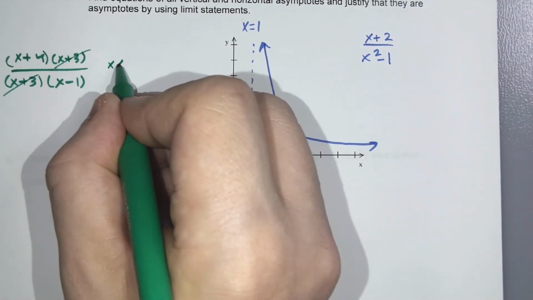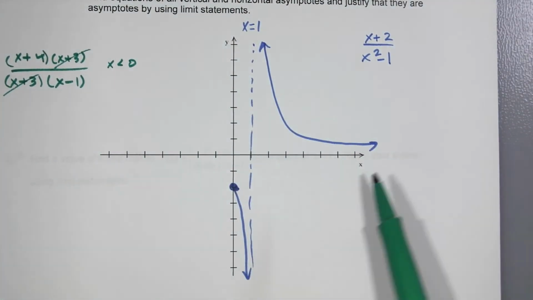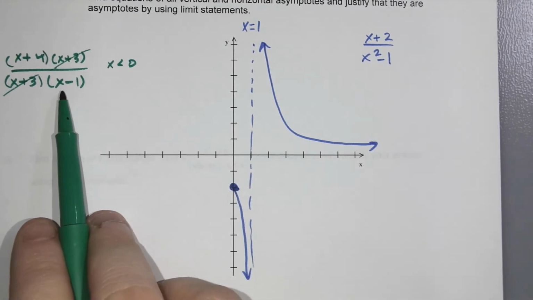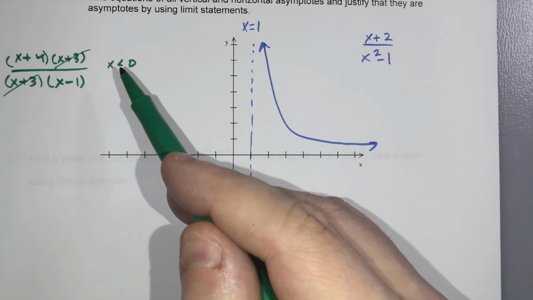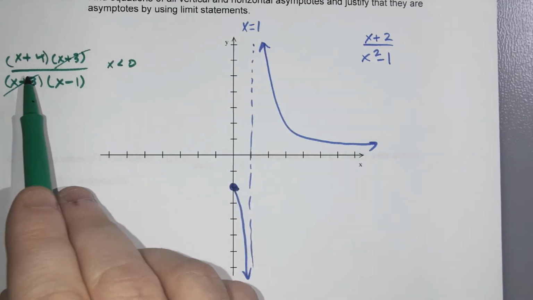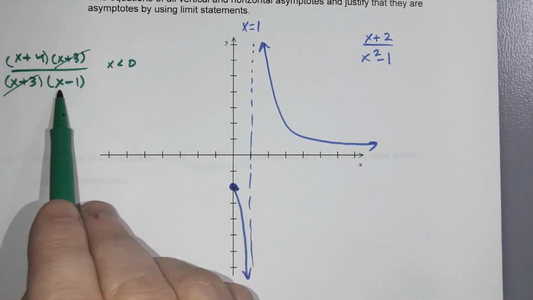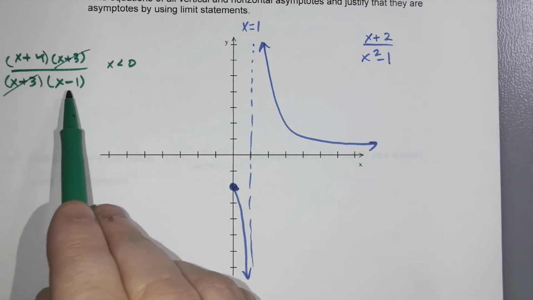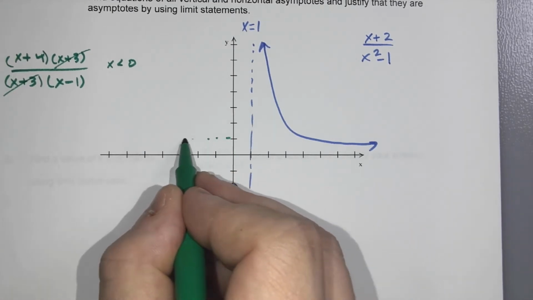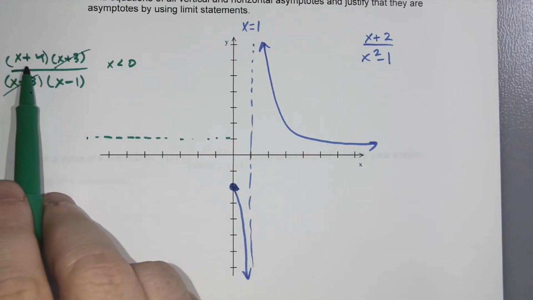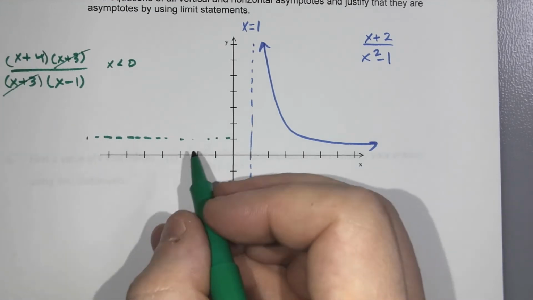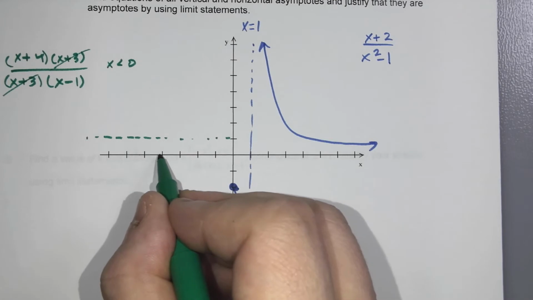Remember, this is on the domain x less than 0. We have a vertical asymptote at 1, but that's not part of our domain because we're only looking at less than 0. And we also have a horizontal asymptote at y equals 1 because the top is linear over linear. This says that we have an x-intercept occurring at negative 4. 1, 2, 3, 4.